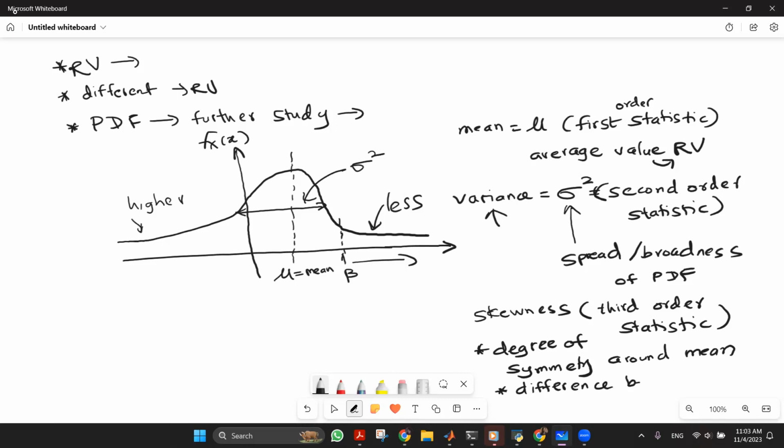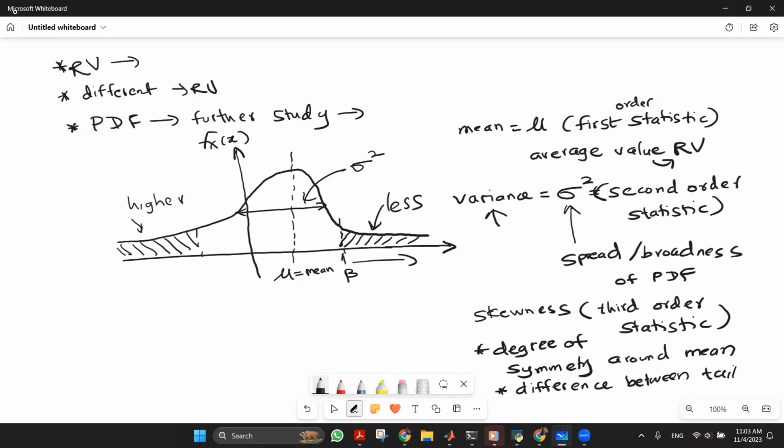The tails define the symmetry of this function: if this tail area is different from that tail area, the difference gives the symmetry of the function around the mean.